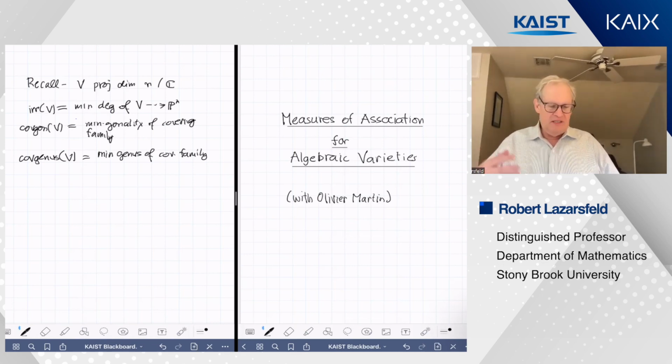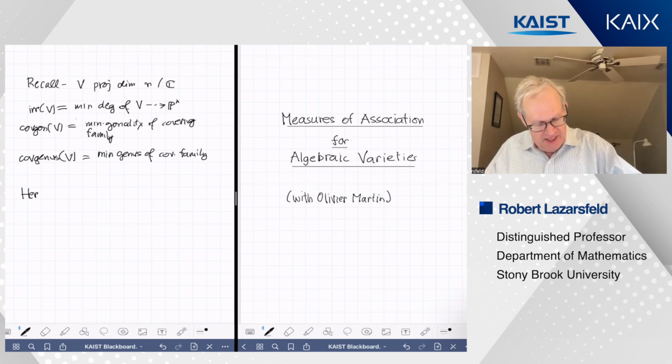So the idea was that these give a way of measuring how irrational V is, or how much V differs birationally from projective space. And as I said at the end of the last talk, here I want to look at a different question.